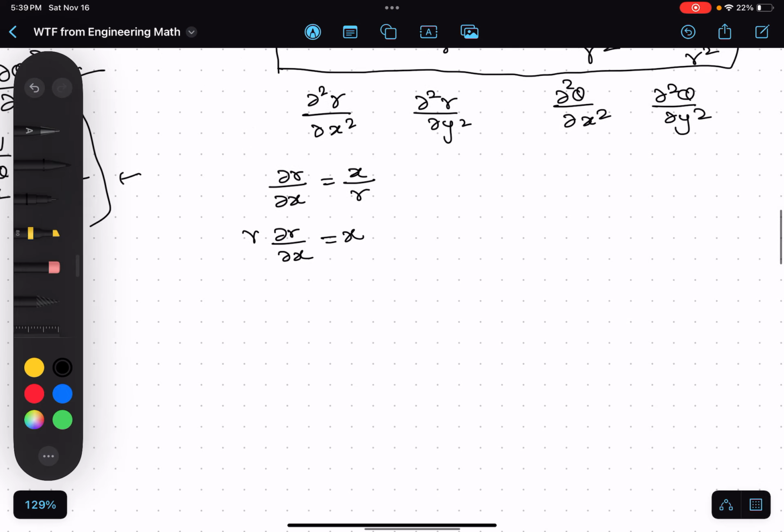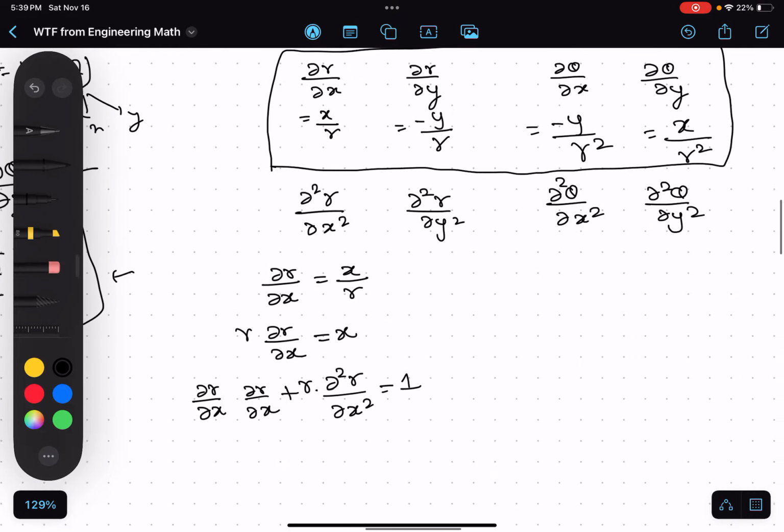Okay, so for this one, first of all, if I differentiate r, this is partial r by partial x, and the other will be as it is. I differentiated this first r. This will be as it is, and then plus, if I differentiate the second r, this is partial square r by partial x square, and this will just be 1, right?